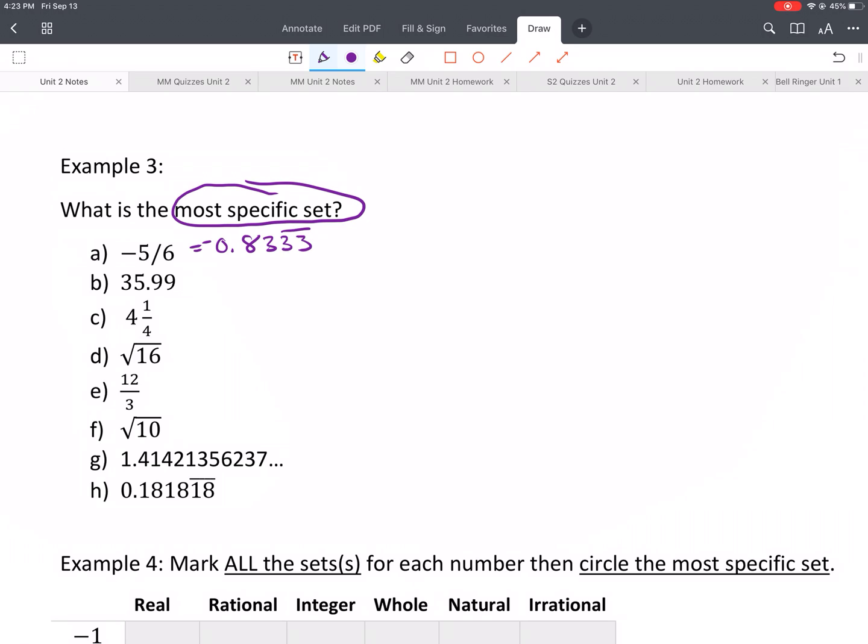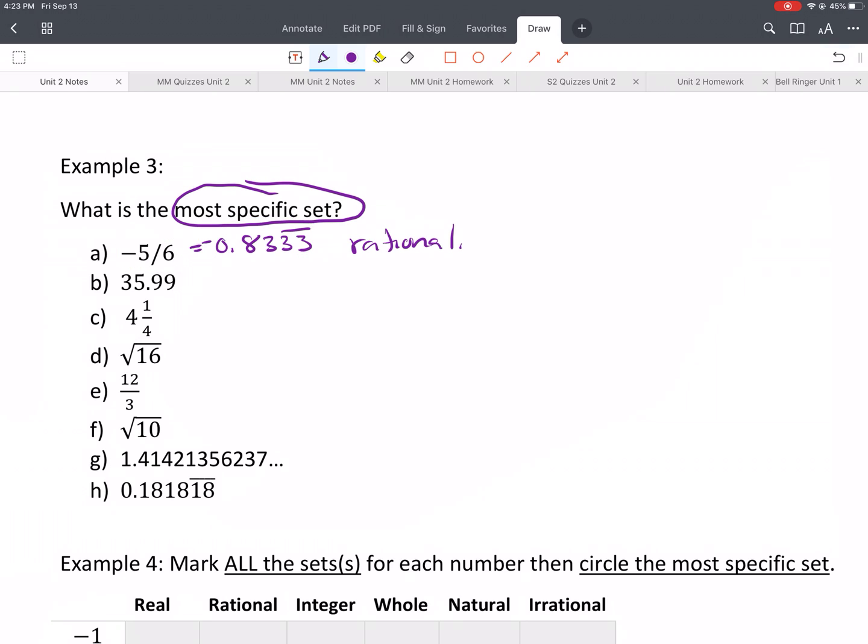Okay, and since it has a pattern, then yes, if we just looked at this without having the fraction, we could say yes, that is also rational. So it's written as a fraction, or it can be written as a decimal that has a pattern.